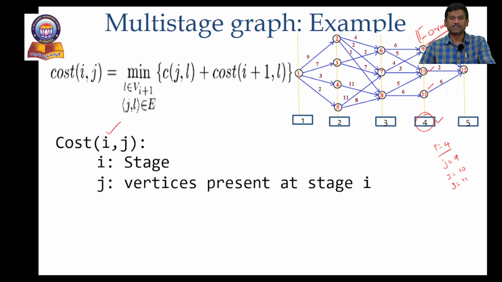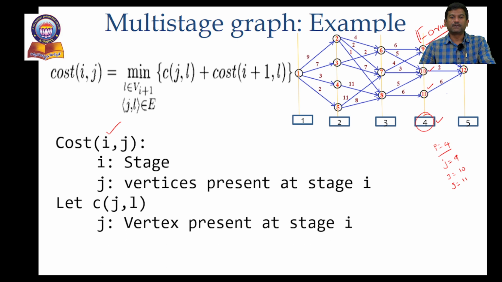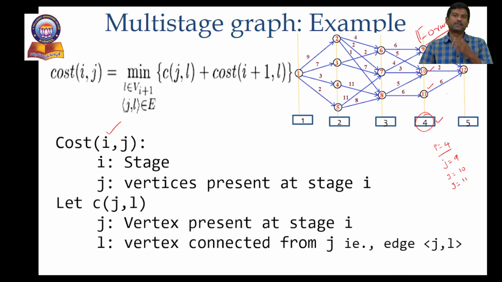The next one is c of j comma l. What does j indicate and what does l indicate? j indicates the vertex present at stage i, and l indicates the vertex connected from j. Consider j equal to 2 in c of j comma l.